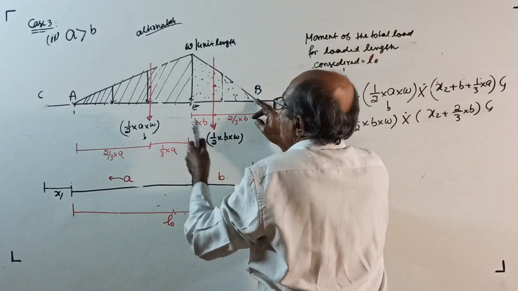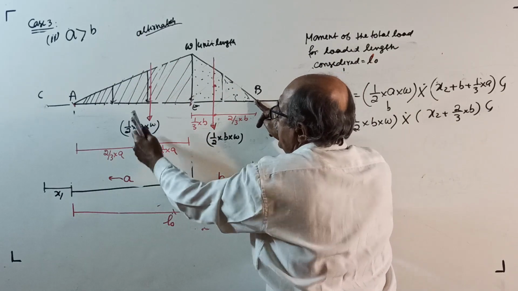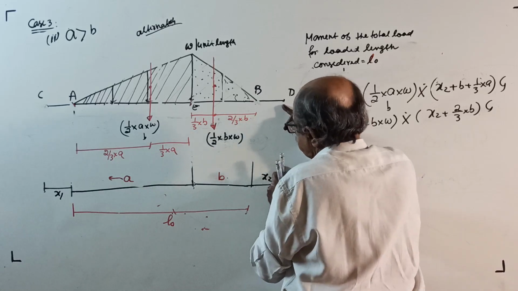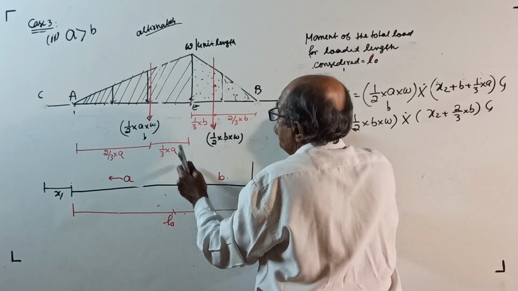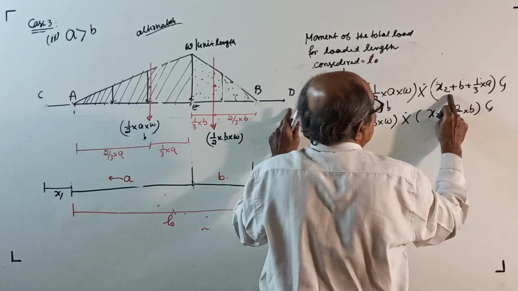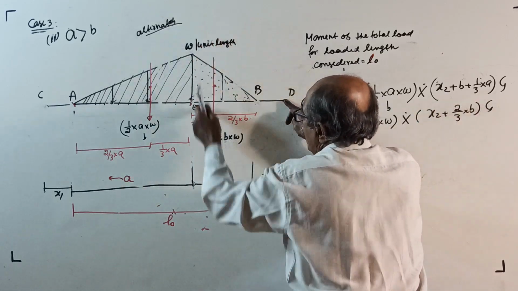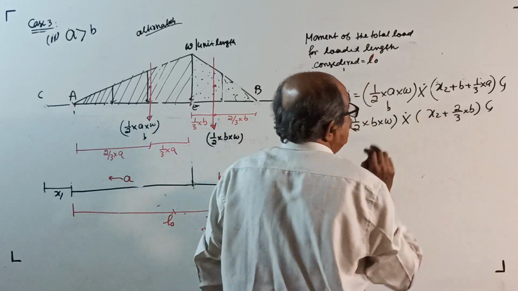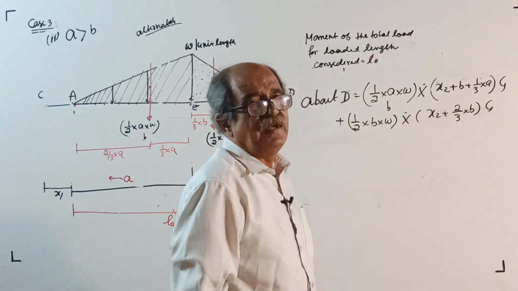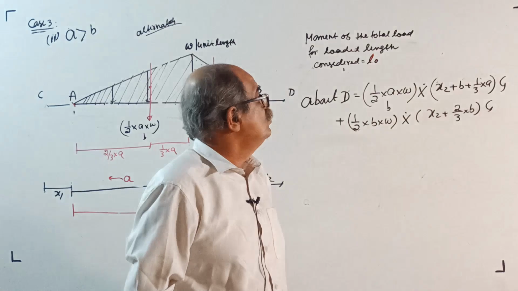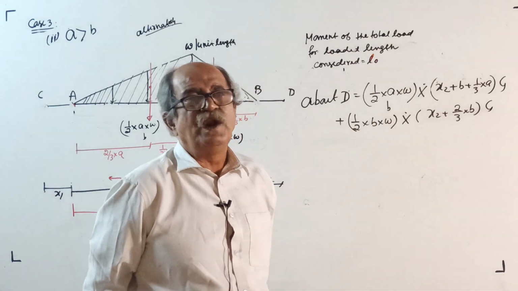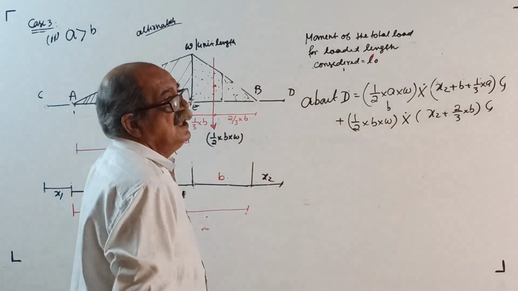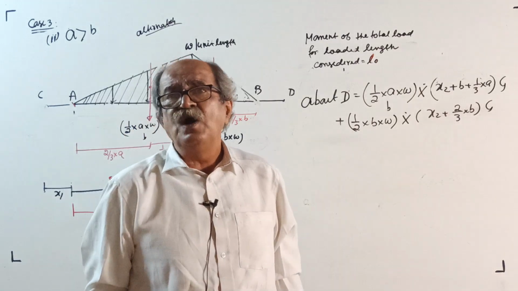See here: half into A into W into, about this point, x2 plus B plus 1/3 of A. Plus one more, half into B into W into x2 plus 2/3 of B. Both are anti-clockwise. I already explained earlier, so there is no point in explaining more and more. You go through everything. With this, the book work is over, with the main solution and also the alternate.